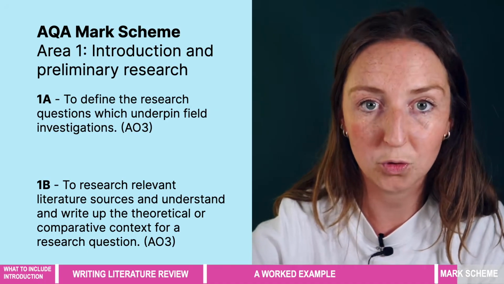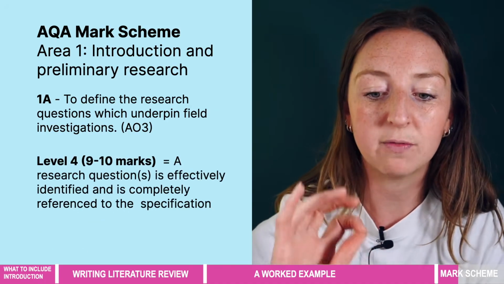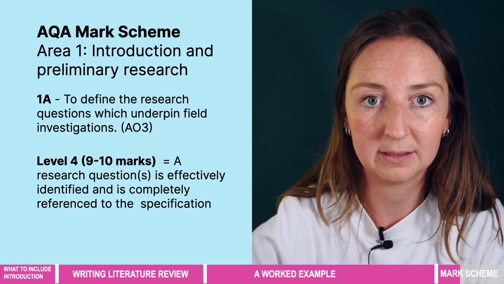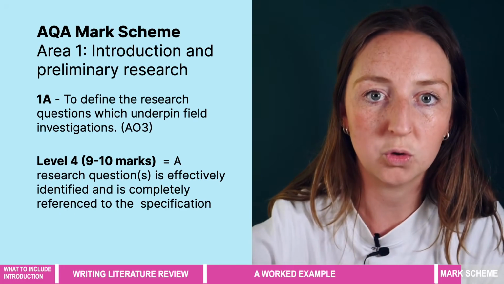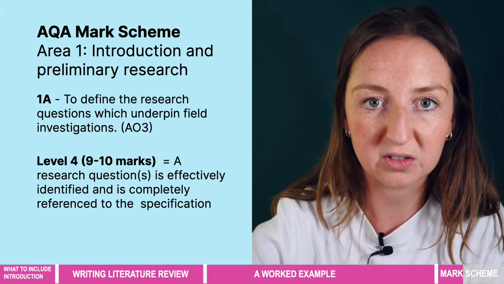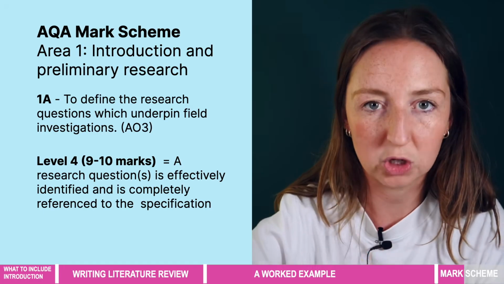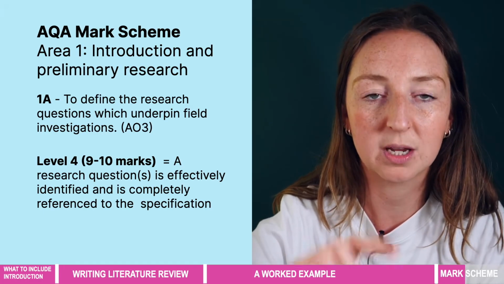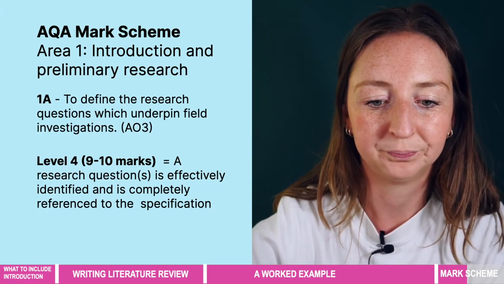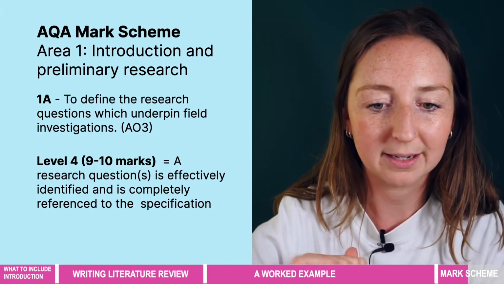To get level 4, the research question is effectively identified and is completely referenced to the specification. So have you put down your main hypotheses or aims, and have you referenced them to the specification, remembering that suitable comment? The suitable comment is really important for having completely referenced the specification. Done, tick, top level 4.